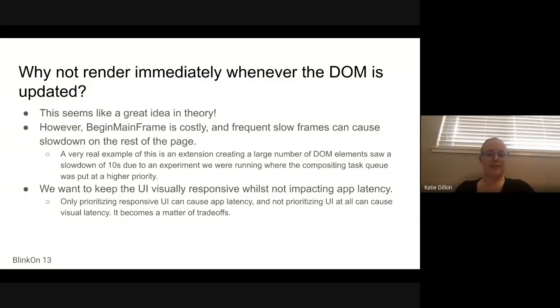So we want to keep the UI visually responsive by rendering, but we also don't want to impact the rest of the app's latency. So our goal with prioritizing rendering is to improve metrics like FCP, but also not regress metrics like input delay and largest contentful paint.